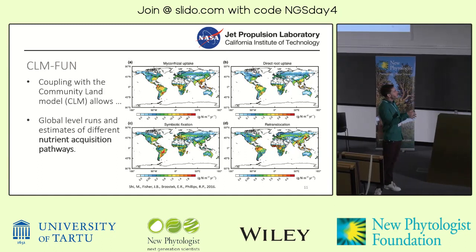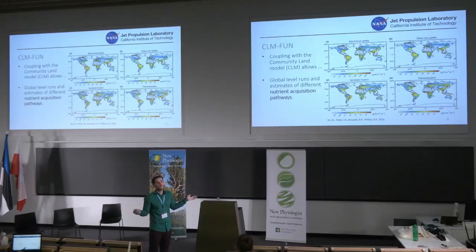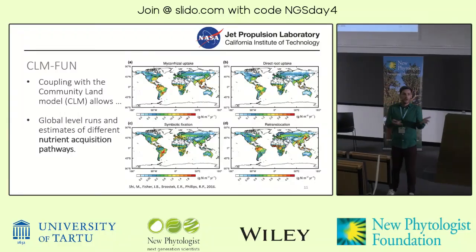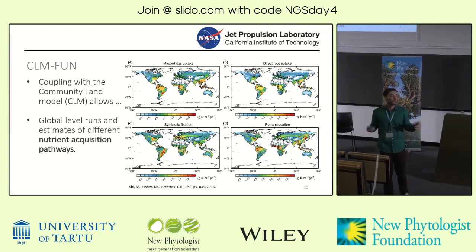Now, this FUN model was coupled into a land surface model, the land component of these big Earth system models, the climate models. And the good thing about that is that now we can create these nice maps of global mycorrhizal uptake and global direct root uptake of nitrogen, which is quite unique for an Earth system model.